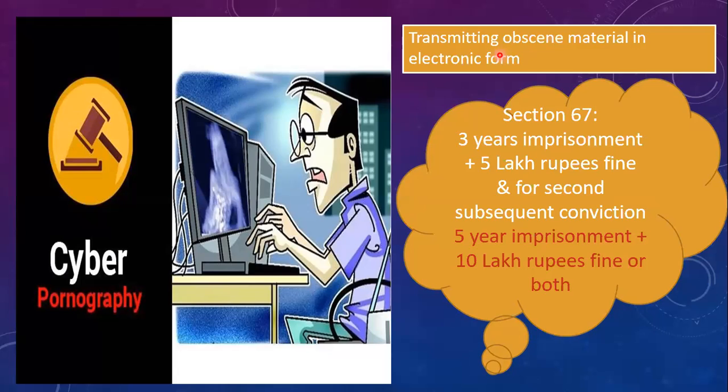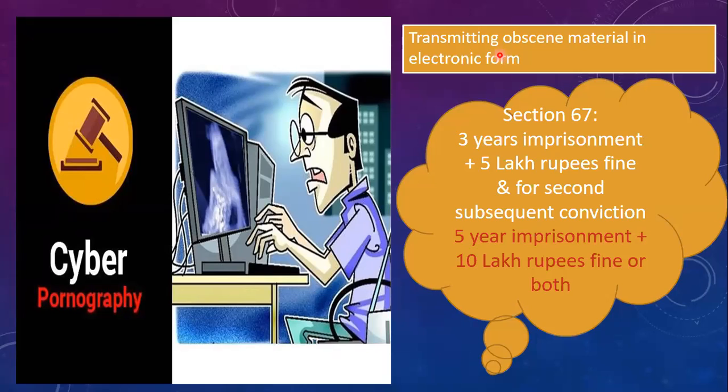It may also include cyber pornography. Anybody who tries to transmit such obscene material on the internet is punishable, and if you do it for the first time, on the first conviction, you get 3 years imprisonment plus a fine of 5 lakh rupees.